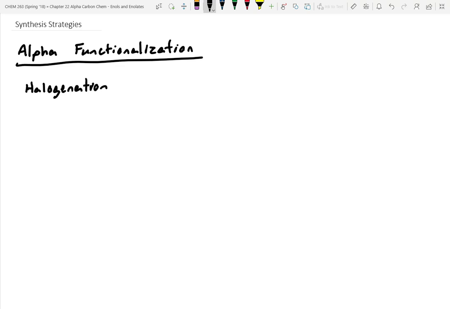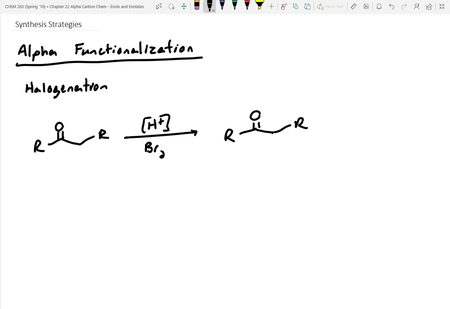And with halogenation, we said if you've got a ketone or an aldehyde with alpha protons, that you can treat it with acid to make your enol, and then elemental halogen, usually bromine. And that will allow you to install a bromine off of this alpha carbon right here.